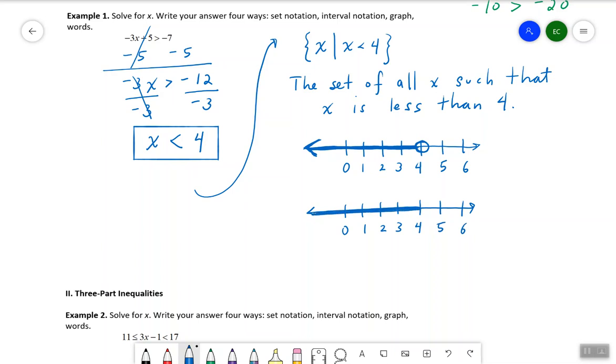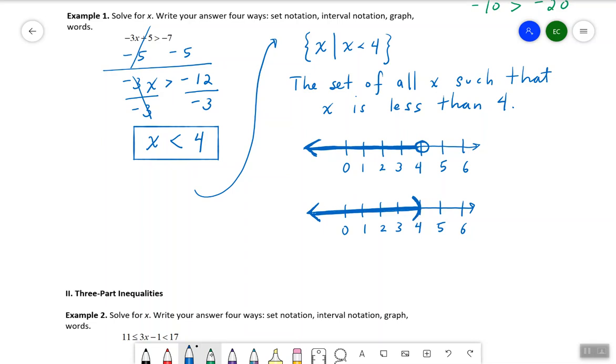Another way to show that we want the numbers less than 4 but not equal to 4 is to use parentheses. That might seem a little odd to put parentheses on a number line, but that's how we do it. And with the parentheses there at 4, we're saying that we're not including 4.